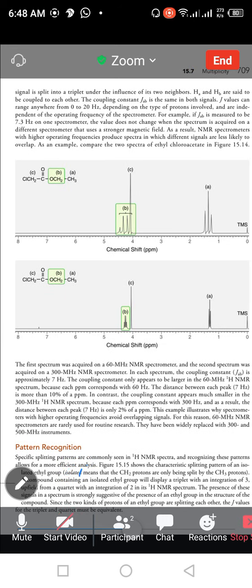In this paragraph I have just mentioned 60 megahertz and 300 and 500.